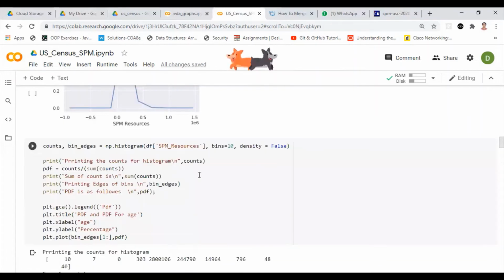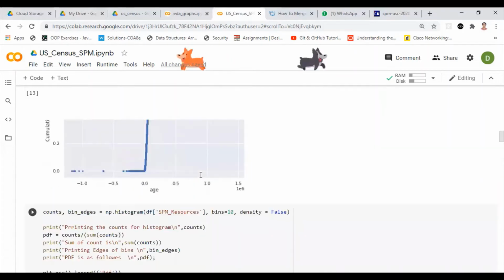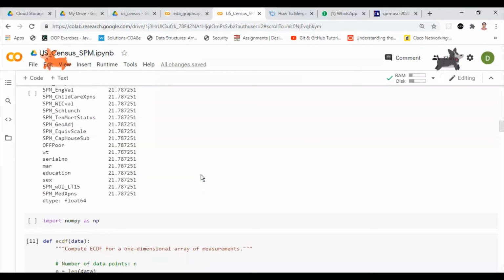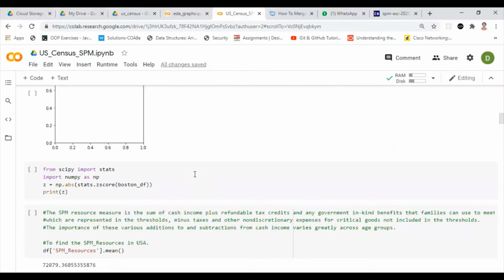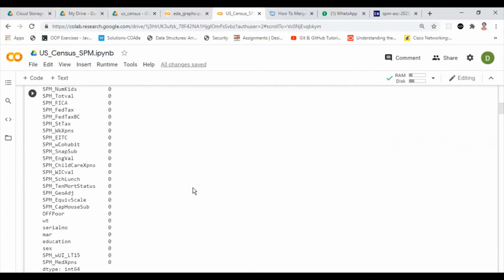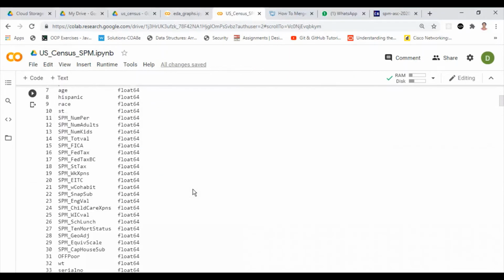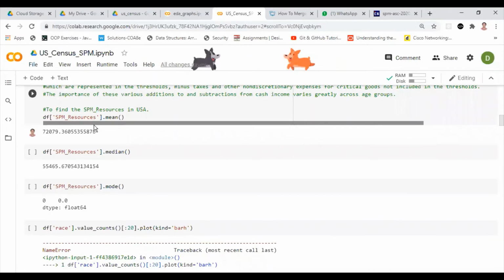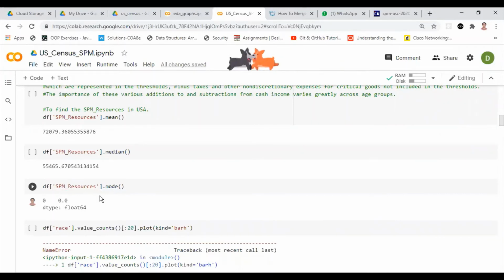Also, it was observed that the mean, median, and mode are not equal, whereas in normal distribution, the mean, median, and mode of an attribute are equal. It can be seen here that the mean, median, and mode are not equal.